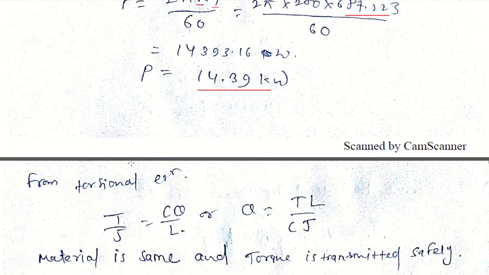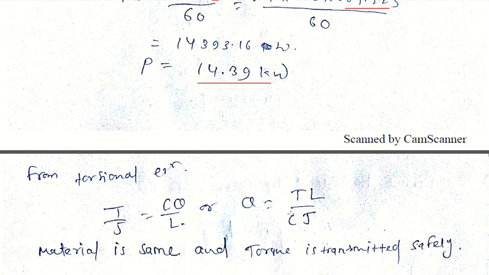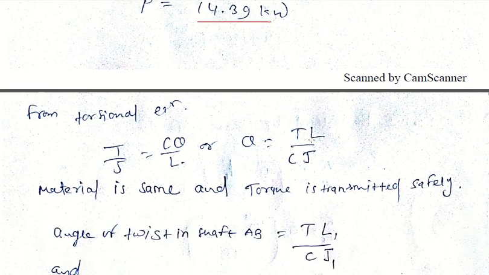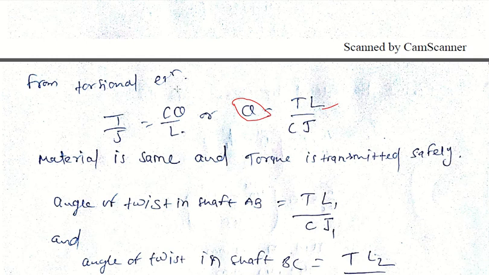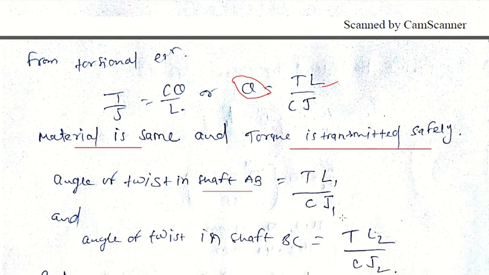Now from the torsional equation, because in the question he is asking for the lengths of shafts AB and BC. Here we know the angle of twist is the same for AB and BC. From the torsional formula, T by J equals C theta by L. The material is the same, and the angle of twist in shaft AB is TL by CJ.